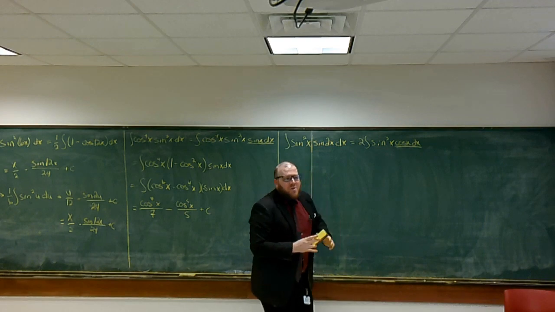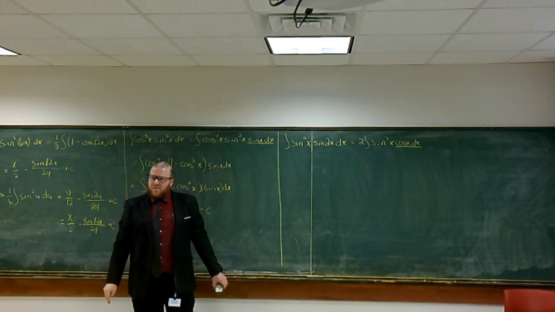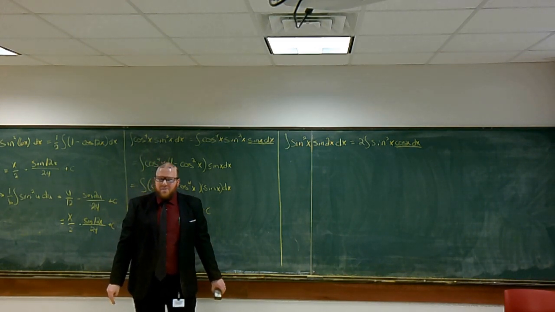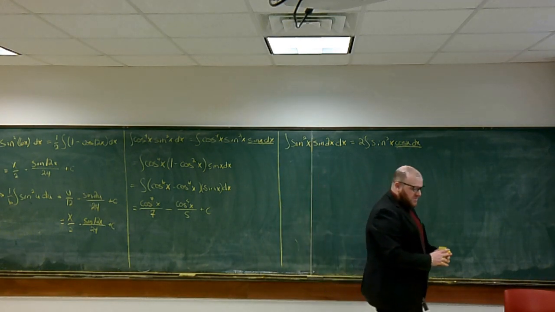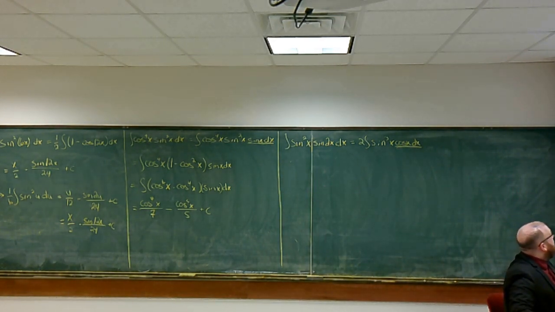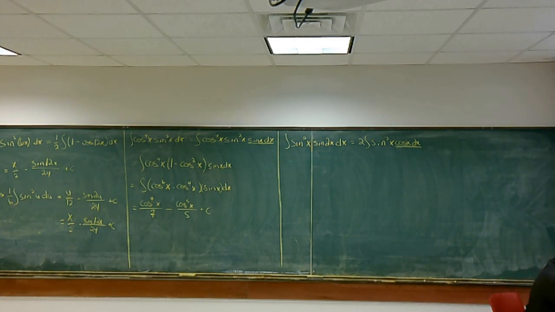U cubed du, u to the fourth over 4 times 2. U to the fourth over 2. So sine to the fourth over 2. Typing in x automatically put parentheses, which is annoying.